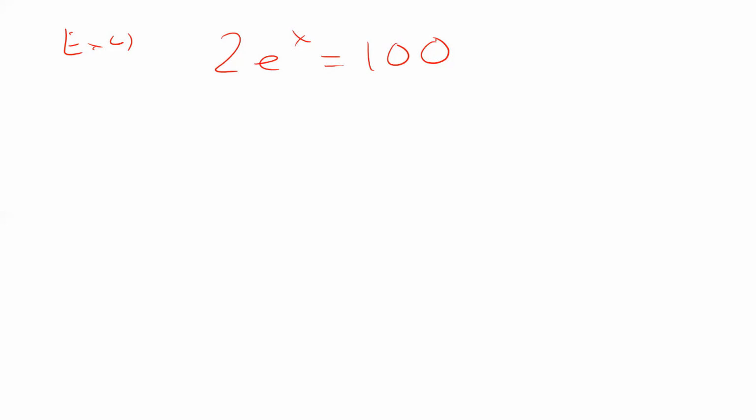Perfect. So before you put in the logs, because you have a little 2 that's multiplying the E, we're going to divide by 2 first, because we want that E to the X by itself first before we do stuff. So now notice that the X is stuck in the exponent.